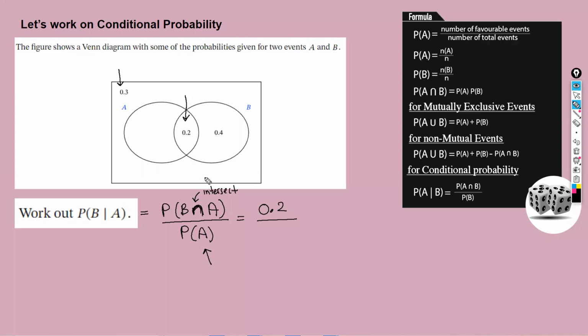Let's add up all the probabilities in this scenario. You have 0.3, 0.2, and 0.4. So that is how much? Everyone agrees that it's 0.9, when you add up everything the examiner gave you. If the probability is out of 1, how much is missing?